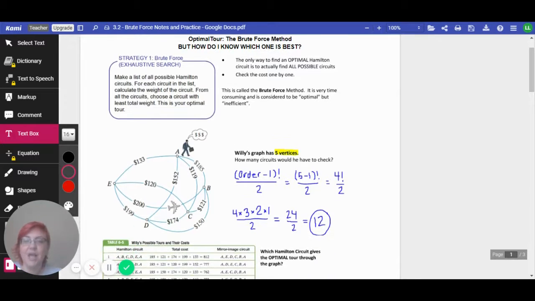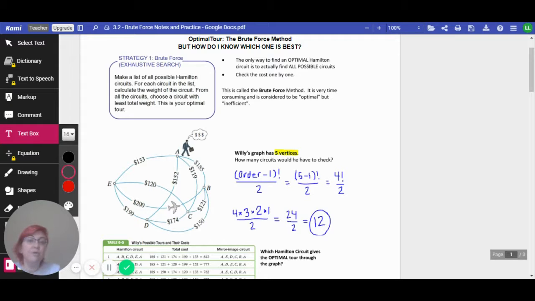Let's look. So Willie's graph has 5 vertices. So how many circuits would we have to check? Well, we know that in a complete graph, it's n minus 1 factorial to find the total number of Hamilton circuits. I put order here, just a little throwback to our past unit to remind you that the order of a graph is the number of vertices, but in your Kn complete graph, n minus 1 factorial is the total number of Hamilton circuits.